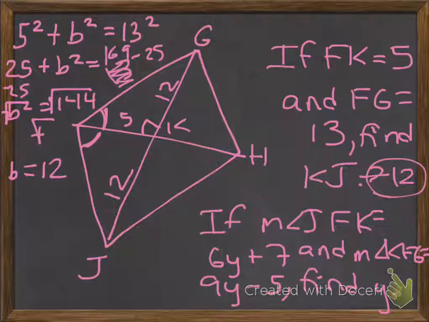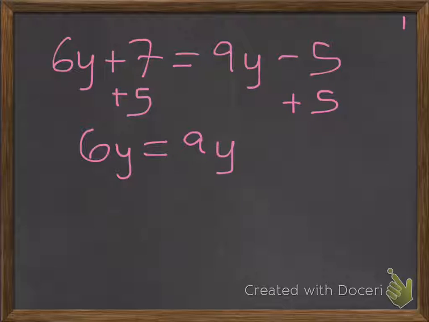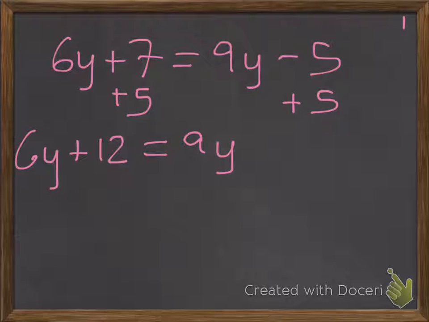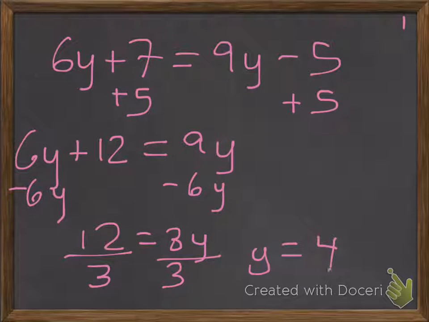So if we're going to find y here, we're going to put 6y plus 7 equals 9y minus 5, and solve for y that way. So y would be 4.